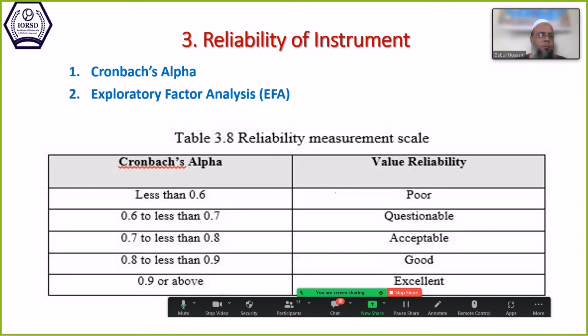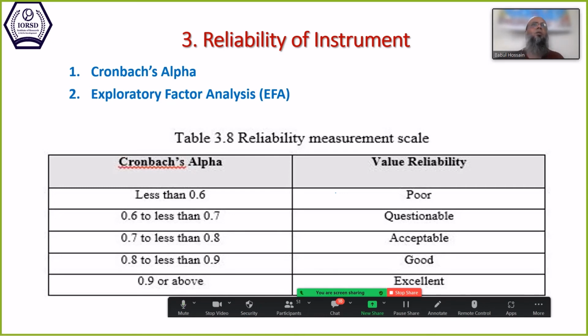Okay, brother, there are two concepts. One is the pre-test, another is the pilot test. When you develop a questionnaire for measuring a particular variable, there is some procedure for developing the instrument. Basically, an instrument can be developed through EFA, and there are different ways of developing it.